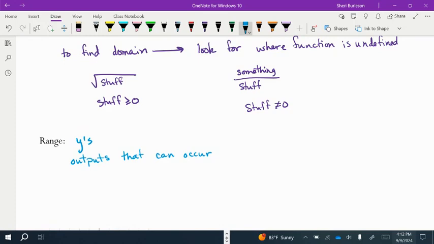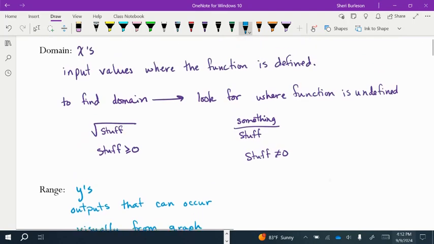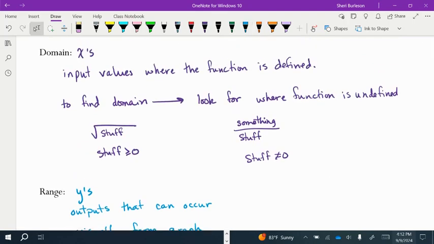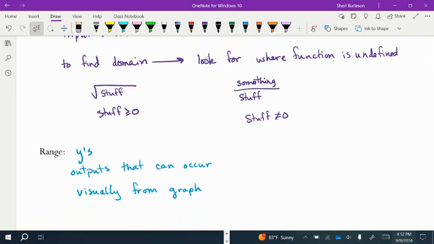Mathematically, we are going to be visually stating the range from a graph. We are not going to be algebraically finding the range in precalculus. You do find the domain algebraically in precalc, but for range, we will mostly be looking at the graph.